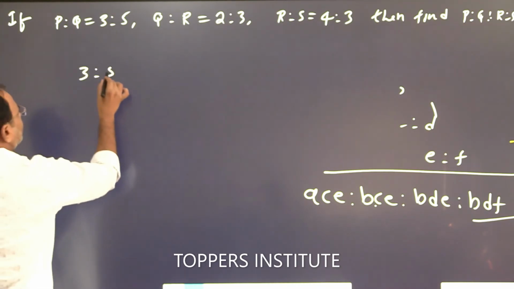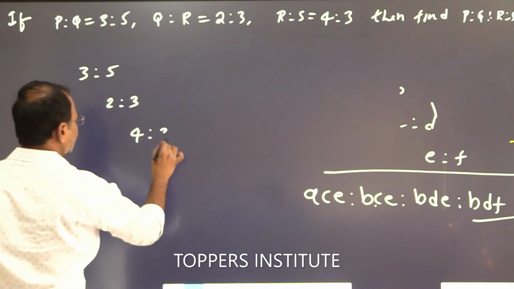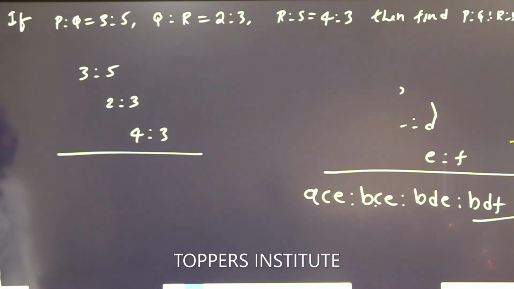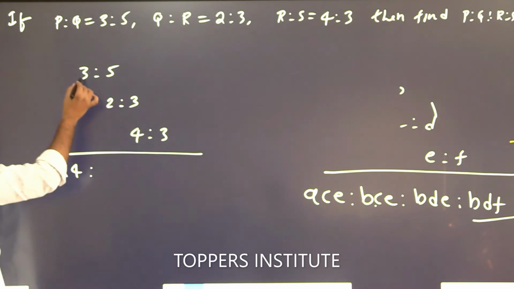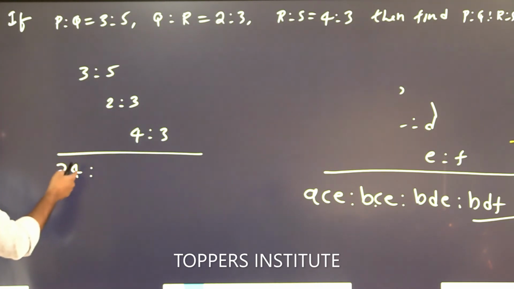First ratio 3 is to 5, second ratio 2 is to 3, third ratio 4 is to 3. First term, product of antecedents: 3 into 2 is 6, 6 into 4 is 24.